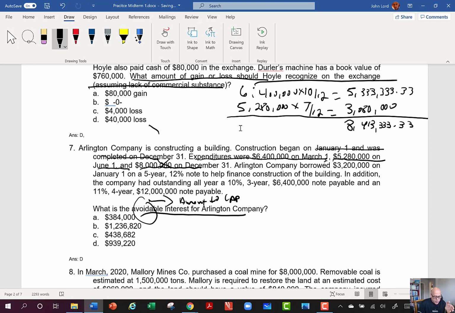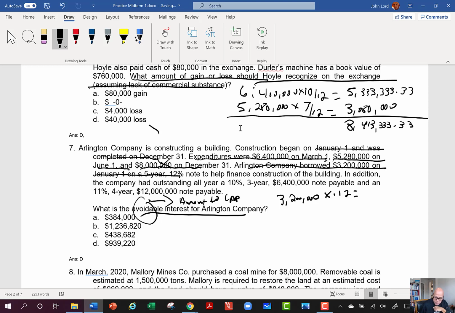Now I have to apply an interest rate to that, and I apply an interest rate to this from the specific borrowing. So they tell me that they borrowed $3.2 million on January 1st at 12%. Now, I've got to be a little bit careful here, because I know that I can apply the interest rate to the specific new borrowing, $3,200,000, and the interest rate they told me is 12%.